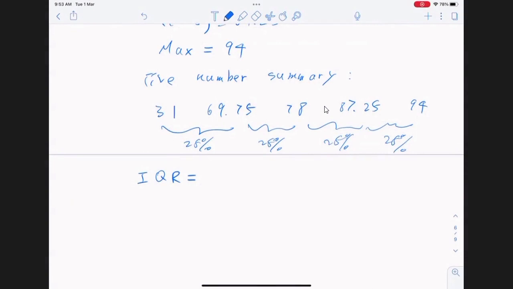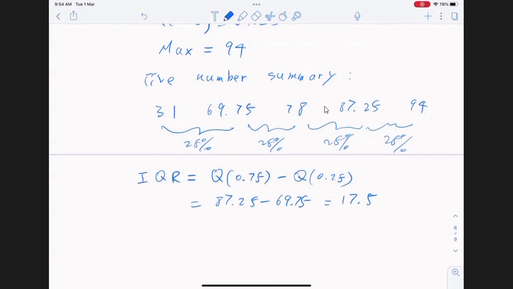So we take the upper quartile minus the lower quartile, and we obtain the interquartile range. And then we make use of this interquartile range to determine 2 thresholds. And any number beyond these thresholds will be regarded as an outlier.